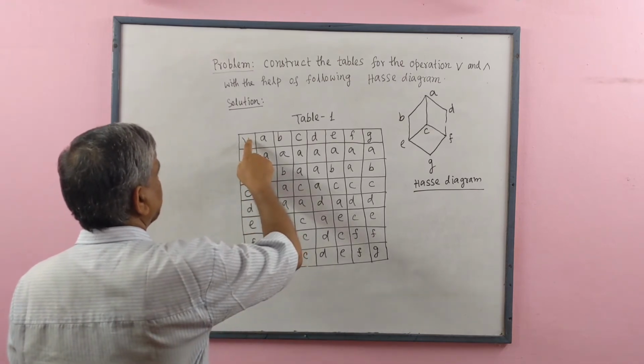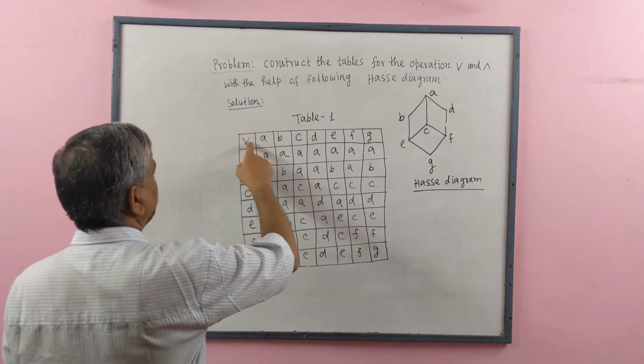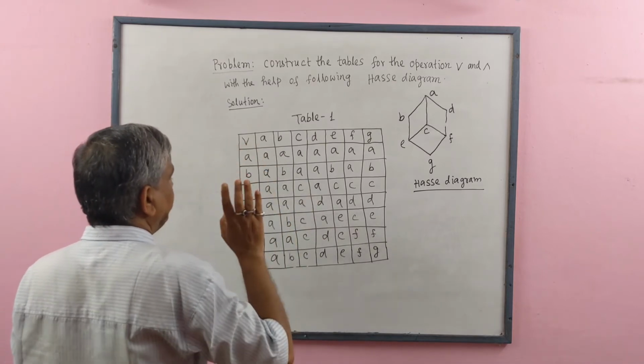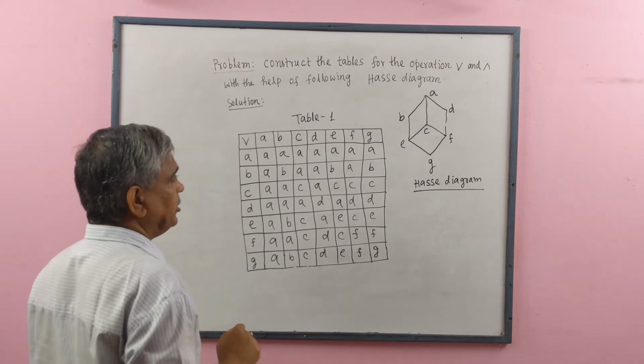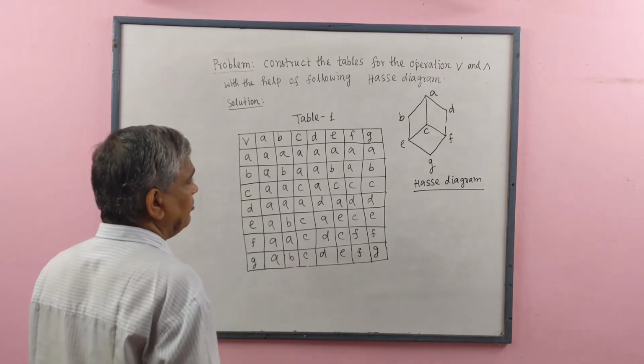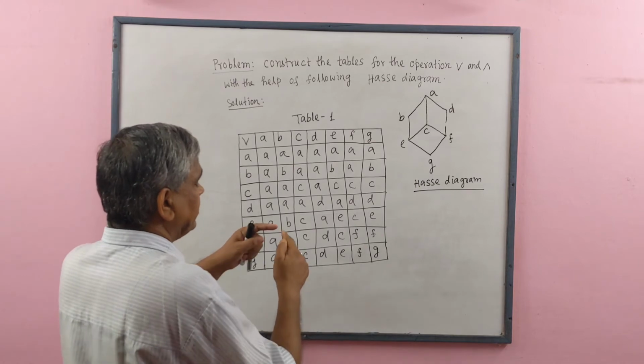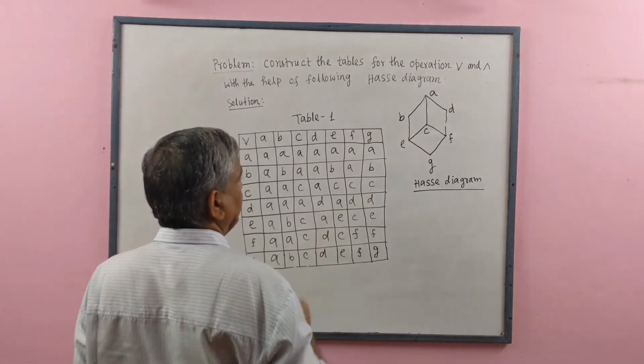Joins denote supremum. Supremum is the least upper bound, meaning in the Hasse diagram the immediate upper position.